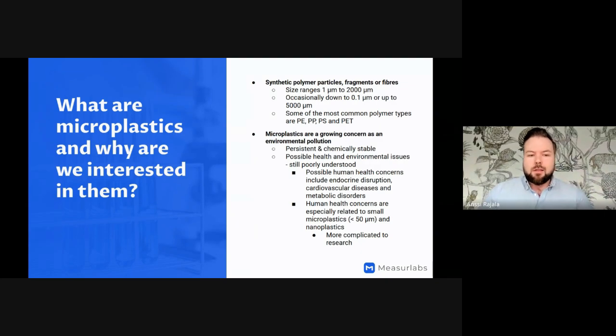Unfortunately, nanoplastics are still very complicated to study. There have been studies where microplastics were found in human blood clots, and also studies regarding brain tissue and, for example, testicular tissue, where microplastics have been found. And we have also tested human blood and found microplastics there.